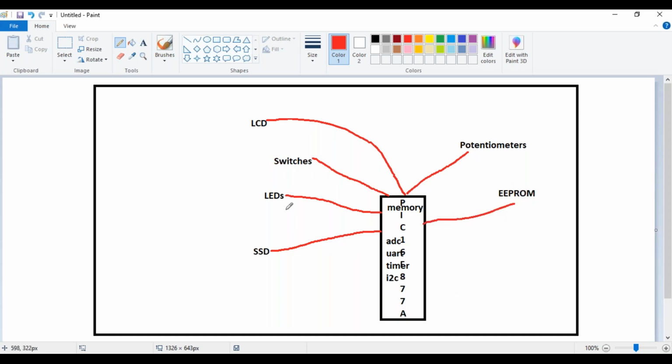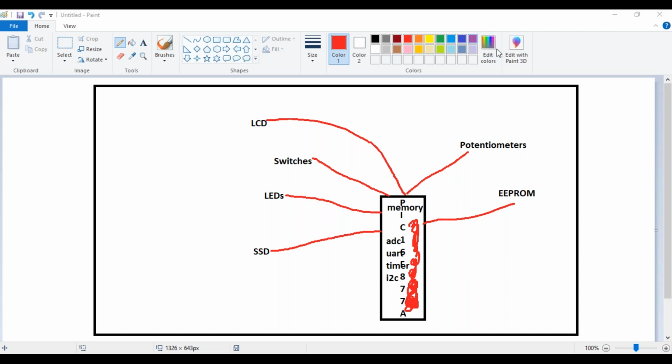Actually, even the circuit connections are also made. You just have to enable those circuit connections and use it for your operation. So this is the board we are working with. So any program you write, we will execute on this board. I mean on this PIC microcontroller. So you execute the program on this PIC microcontroller. So using that program, you are configuring other peripherals.